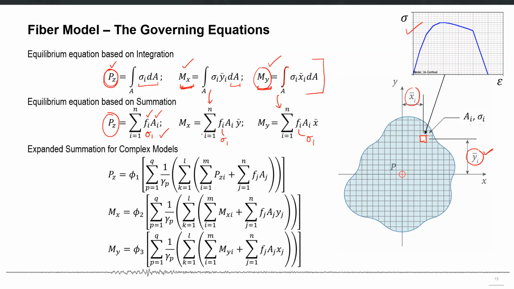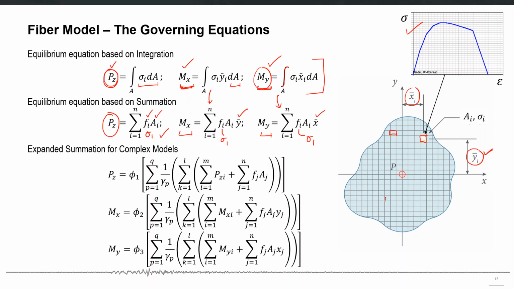Similarly for Mx, you can take the moments of all the fibers about neutral axis, you will get the Mx. And about My, you can also get the moment for all the fiber forces, and you can get the My. So the moment arm for each fiber will be different now, this one or this one. So if the fiber is here, its x and y will be different.